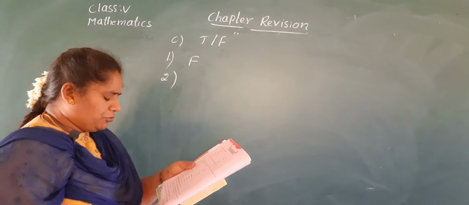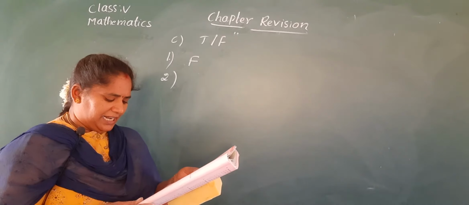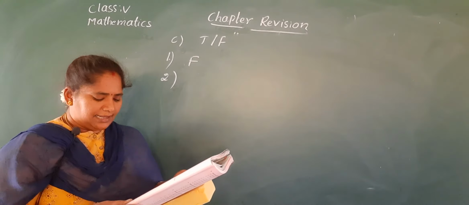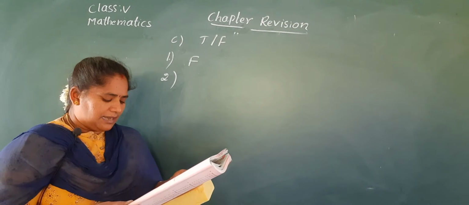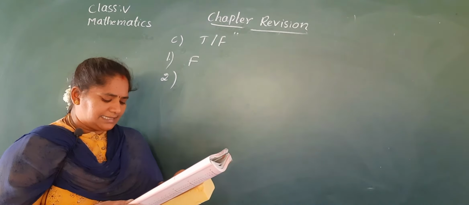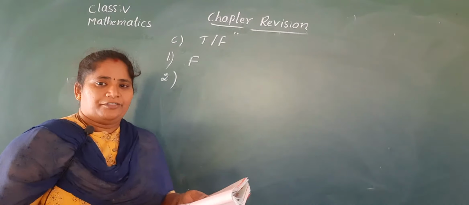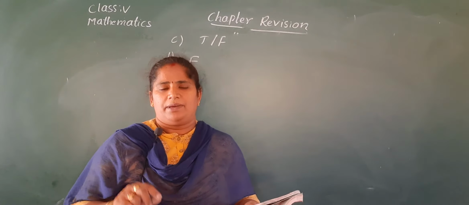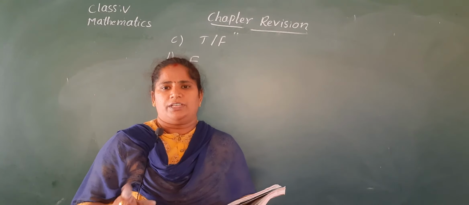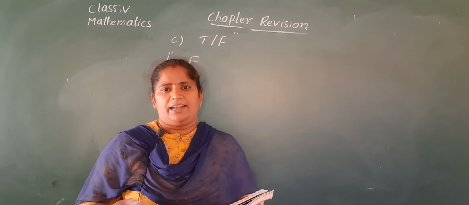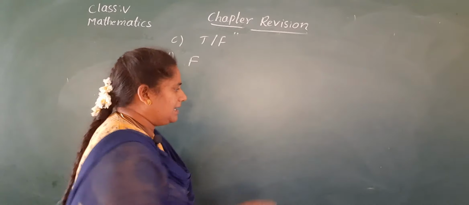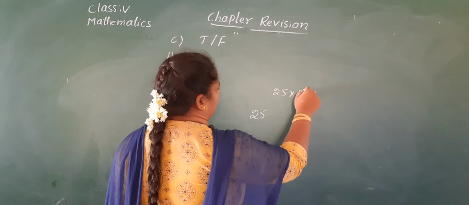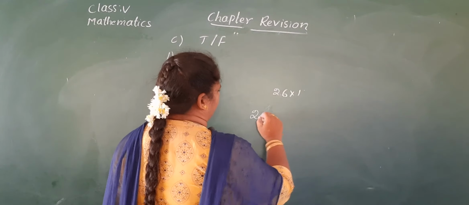Next, to multiply a number by 15, we first multiply the number by 10, then double the product obtained and add the same to the first product. Did we double it or take half of that product? If a number is multiplied by 15, first we write 15 as 10 and 5, no, Nana. So I will explain this by taking one example. 26 into 15.